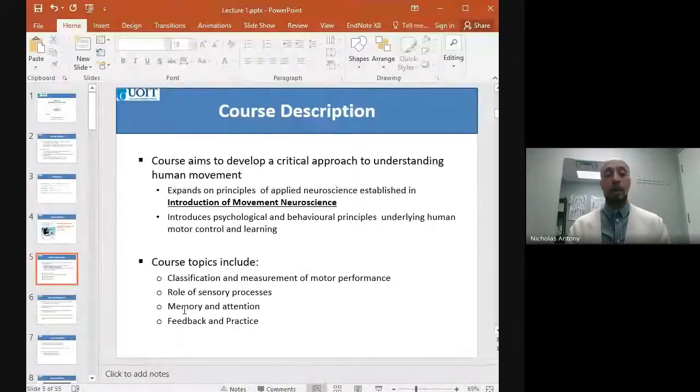The first half of the course is going to first look at the classification and measurement of motor performance. Now, think about how to analyze someone doing a motor skill. It's observationally a hard concept to grasp. How can you grade someone on their ability to throw a ball? Someone give me a sporting task.